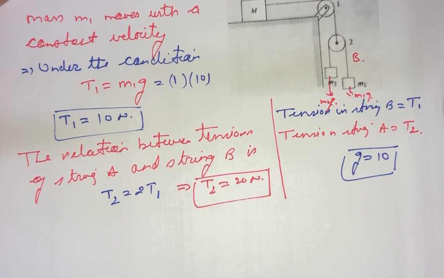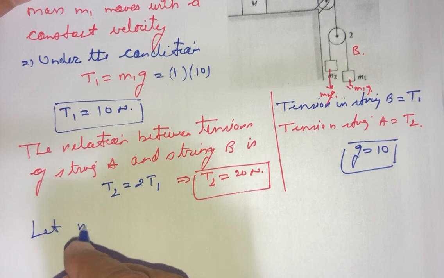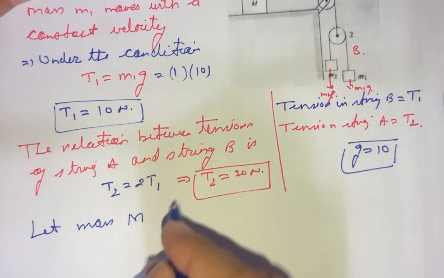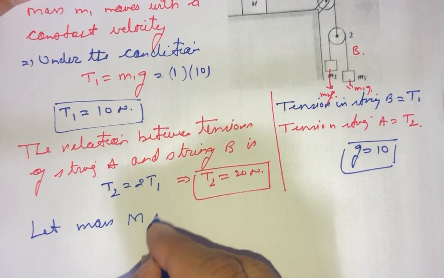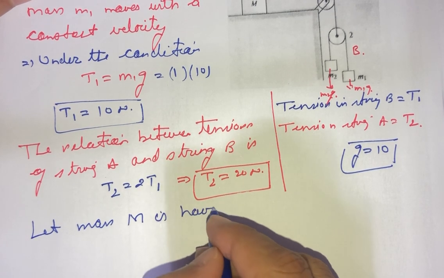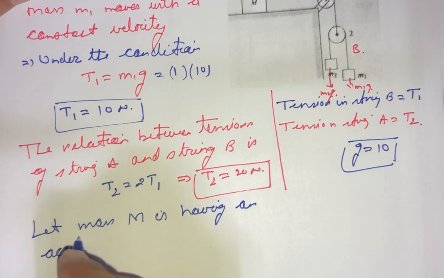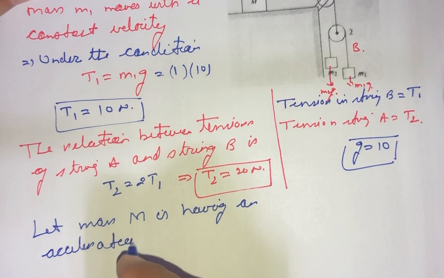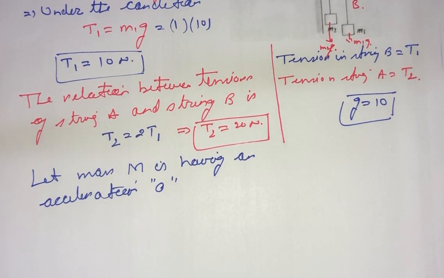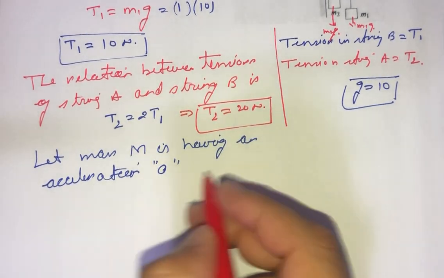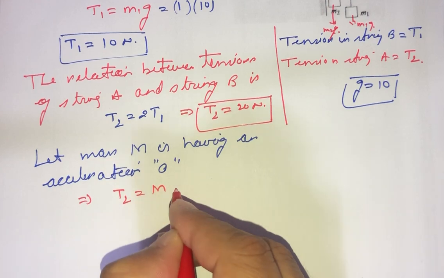Next we assume that mass capital M has an acceleration of A. Based on this, T2 equals mass into acceleration.